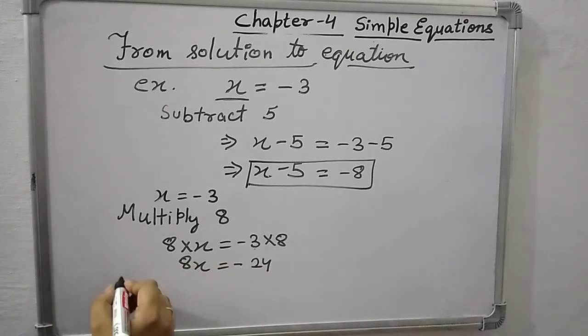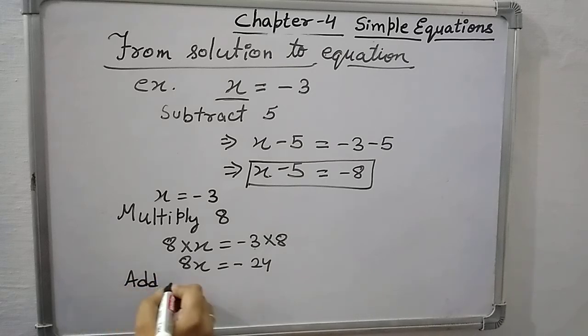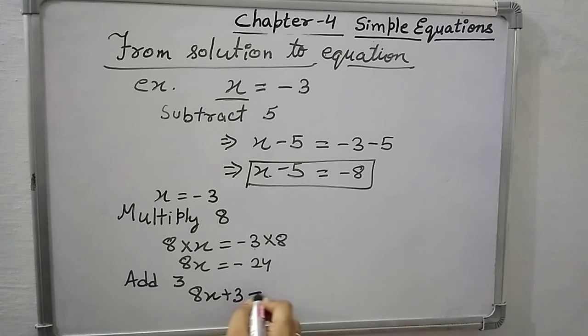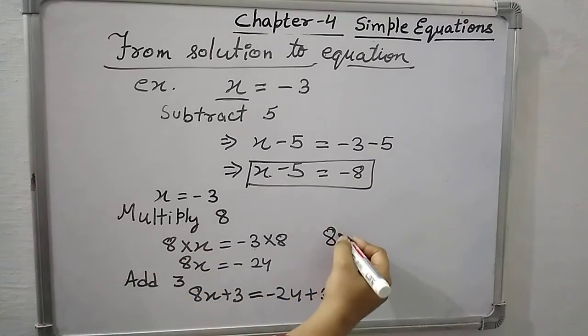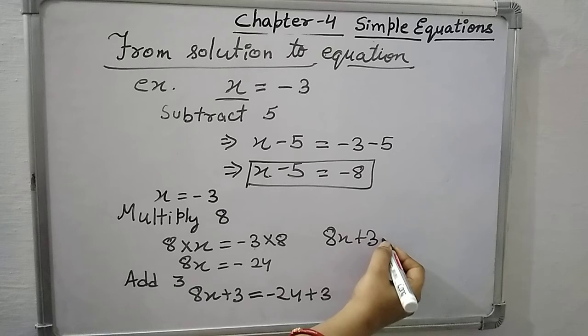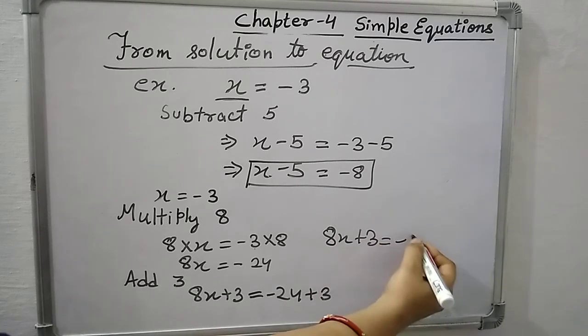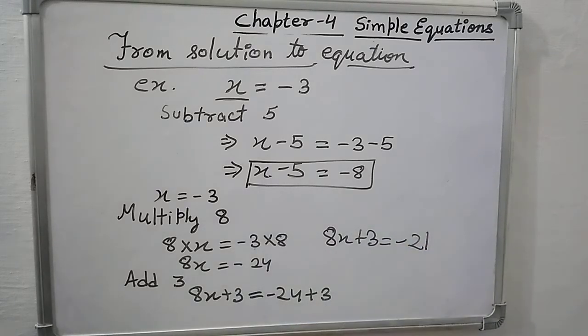Now I will add 3. So it will become 8x plus 3 equal to -24 plus 3. This way I get the equation as 8x plus 3 equal to -21.